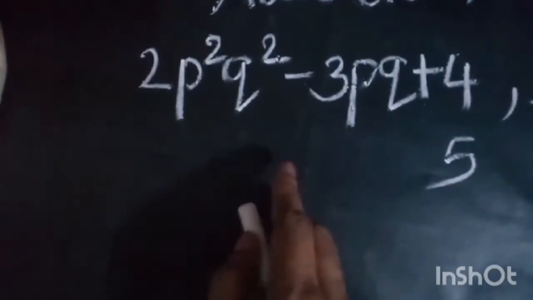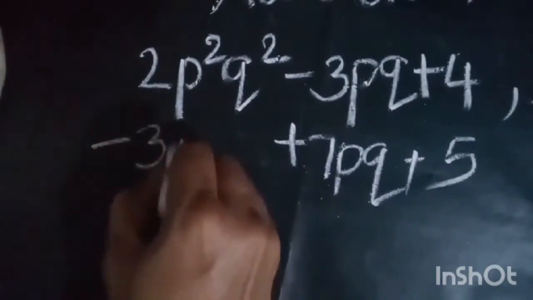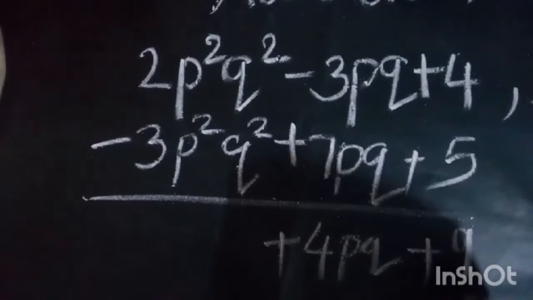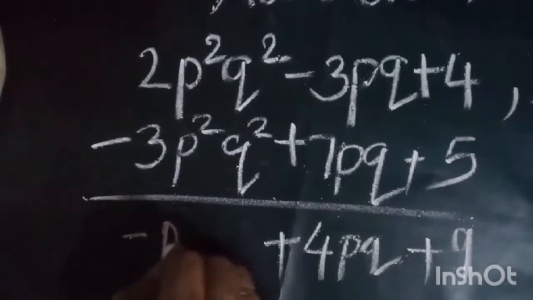Below that write the second expression, 5 plus 7pq minus 3p square q square. Arrange it column wise and add. 4 plus 5 is 9, minus 3pq plus 7pq, minus 3 plus 7 is plus 4, so it is plus 4pq. Next, 2 plus minus 3 is minus 1, so it is negative p square q square.